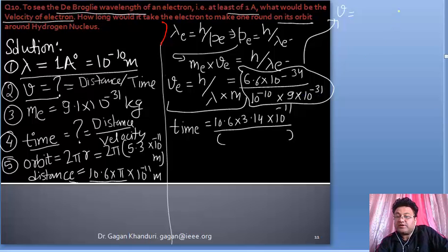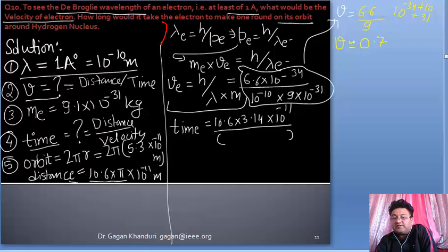I will first take care of the powers. 10 raised to power minus 34. This minus 10 will come up as plus 10, and this minus 31 will come up as plus 31. And we have here 6.6 by 9. So velocity is going to come out as, 9 7s are 63, so it is about 0.7.